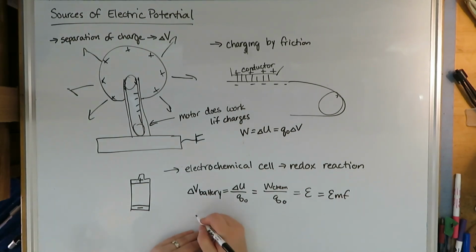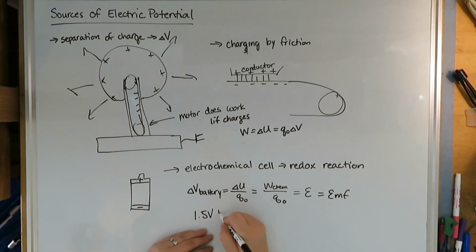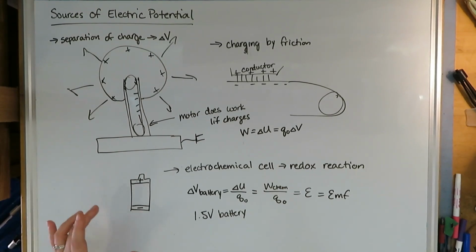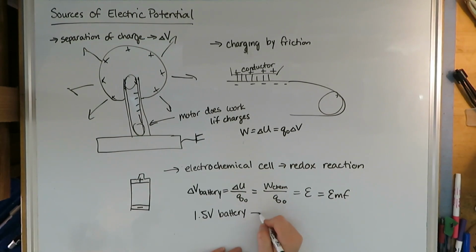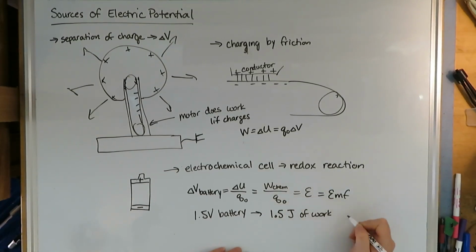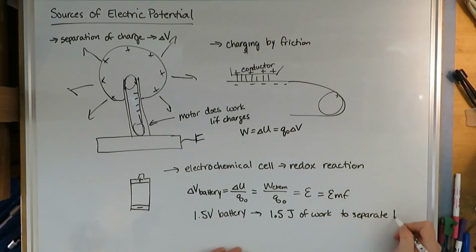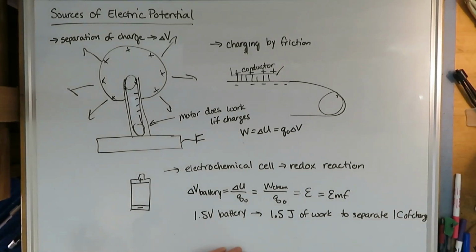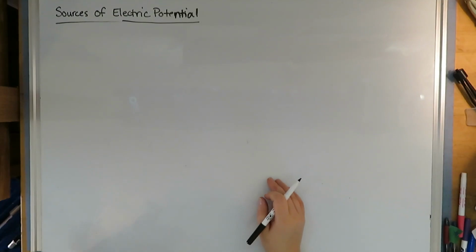If we think of something like a 1.5 volt battery, like your AA or AAA battery, the 1.5 volt battery does 1.5 joules of work to separate 1 coulomb of charge. These voltage sources are a key component in electric circuits.